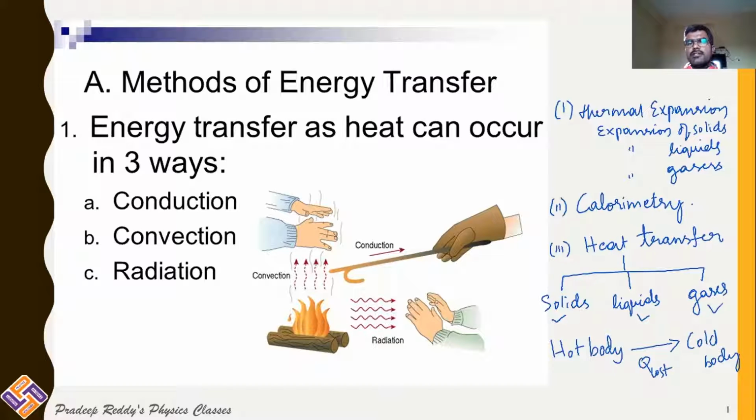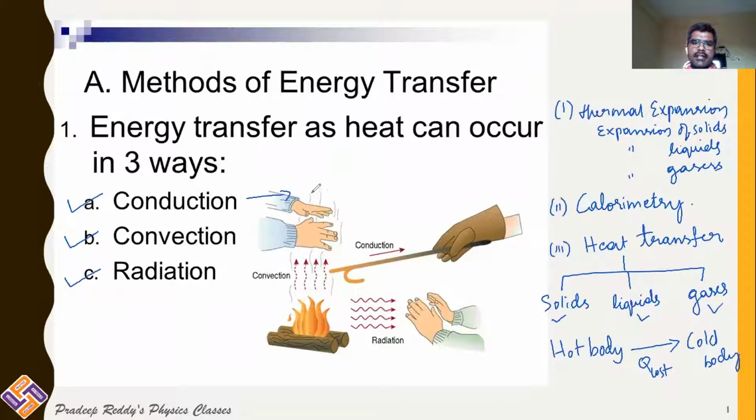But in the process of transfer of heat energy, there are different ways. In case of solids, heat transfer takes place by one method. In liquids, heat transfer takes place by one method, and in gases, by one method, and in vacuum, heat transfer takes place by another method. So there are 3 different ways heat transfer takes place: number 1, conduction, number 2, convection, and number 3, radiation.